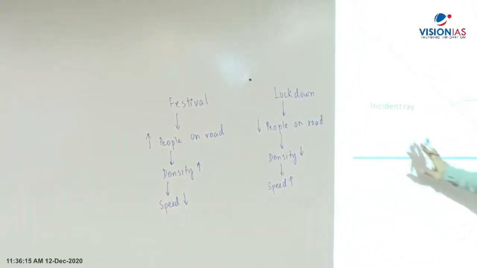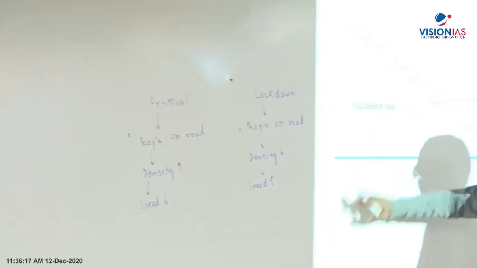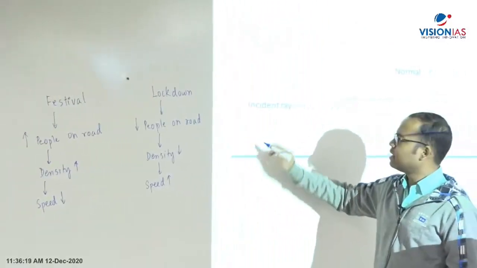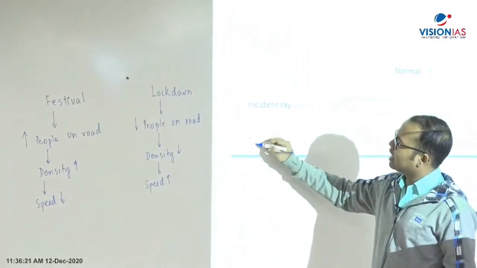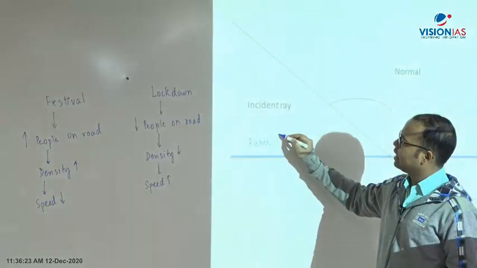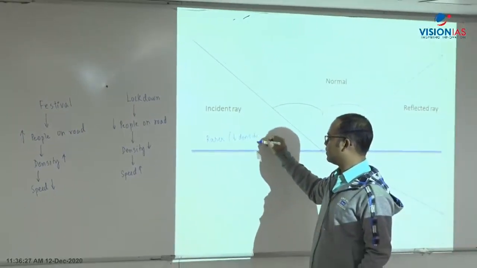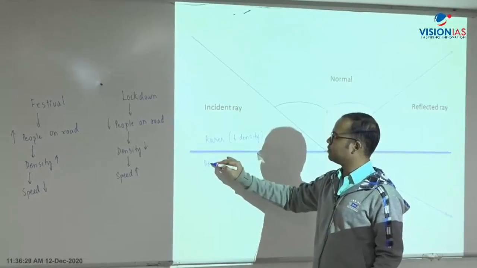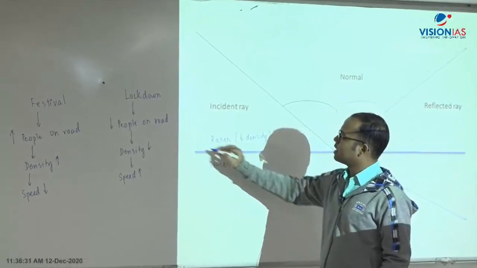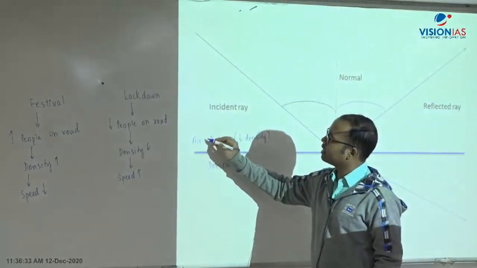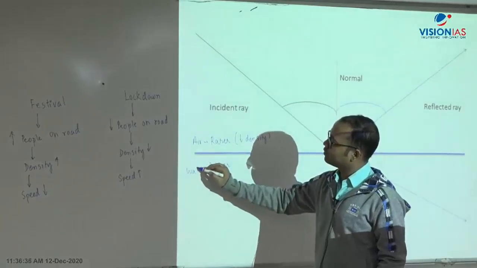In the same fashion, if I take these two interfaces, suppose this is medium 1, this is the rarer medium. Rarer medium means lesser density compared to the denser medium. And suppose this is the denser medium. Suppose air is rarer, and suppose this is water.